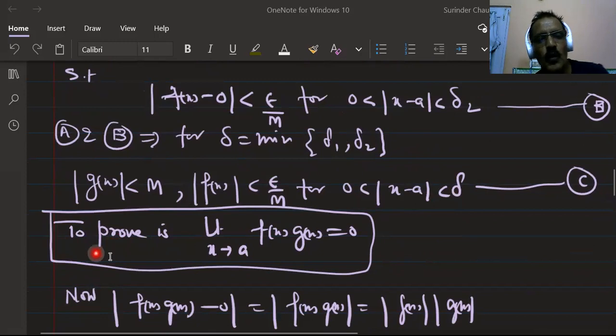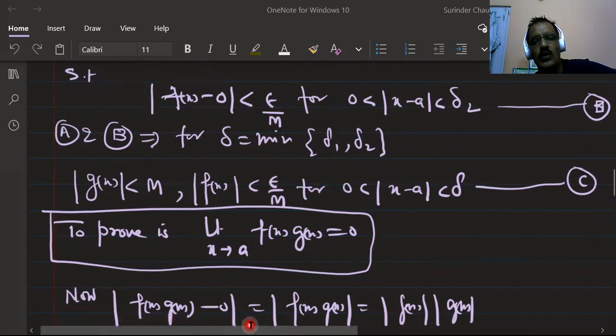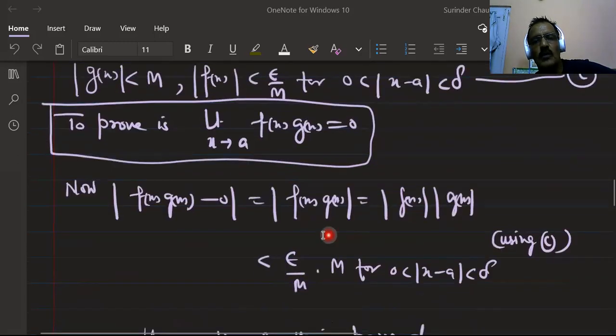So now what to prove? We have to prove that limit x tends to A of f(x) into g(x) is 0. By definition, given epsilon greater than 0, there is a delta such that modulus of f(x) into g(x) minus 0 must be less than epsilon. So we have taken the left hand side of the definition. Modulus of f(x) into g(x) minus 0 is the same function, and modulus of a product is the product of the moduli.